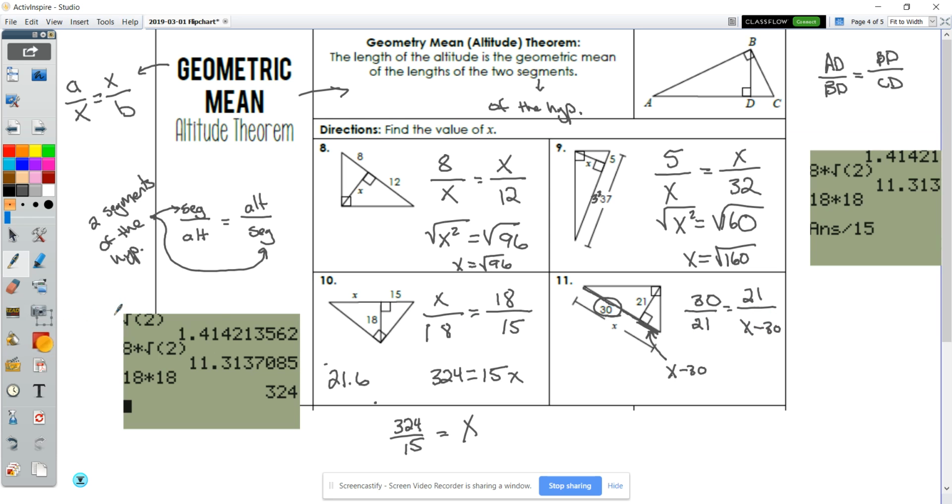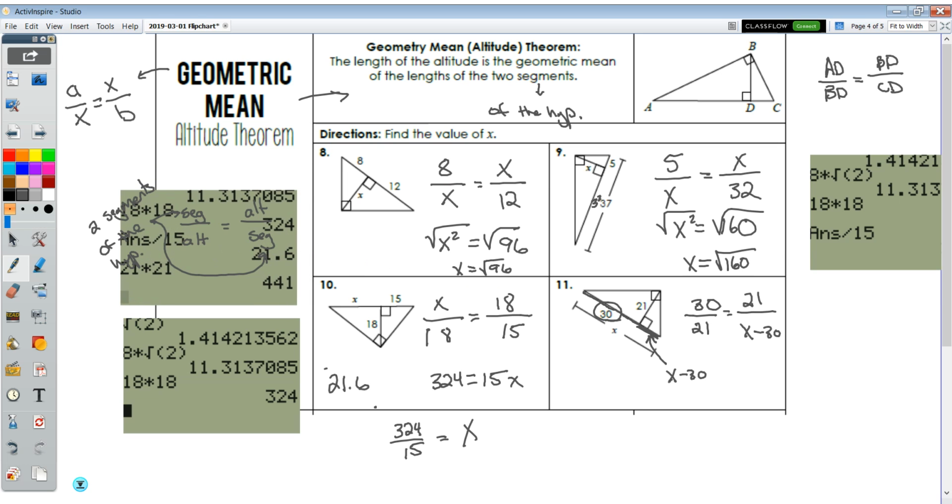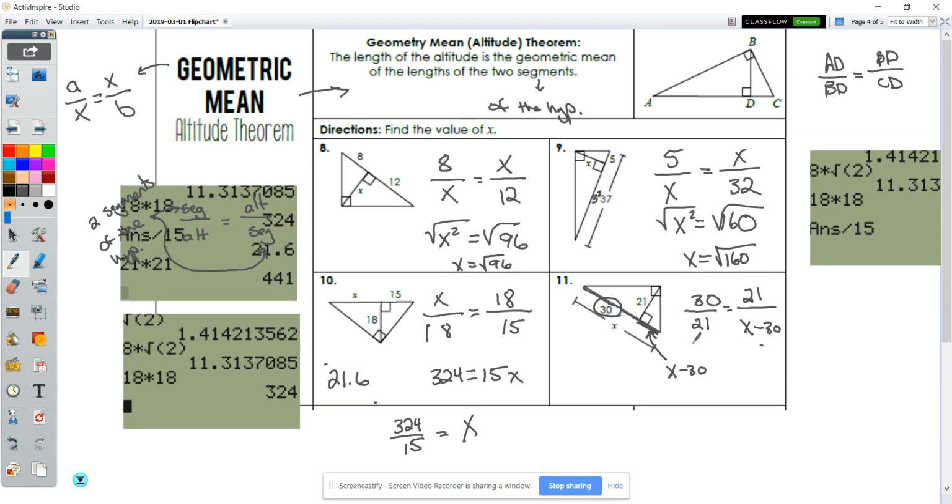Okay. So this one is going to be, well, a little bit different here. So let's grab my calculator. 21 squared, 21 times 21 is 441, equals, this would be 30, and I have to multiply it times both, so it'd be 30x minus, and then 30 times 30 is 900.